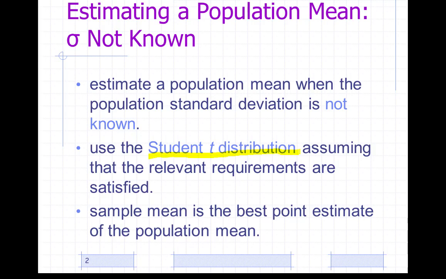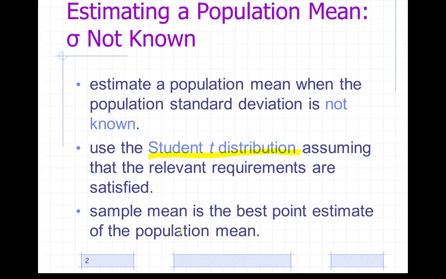And he went to his bosses at Guinness and he said, I've been doing this work, I want to publish my work. And his bosses said, yes, but you can't use your name, because if it's poorly received, that would reflect poorly on our company. So he published this under the name Student T, and that's where the name comes from.